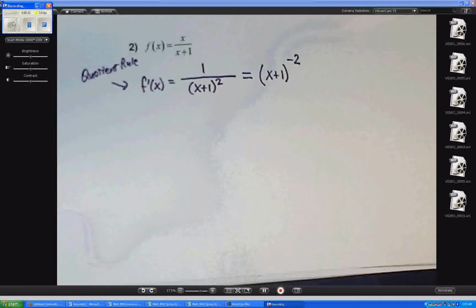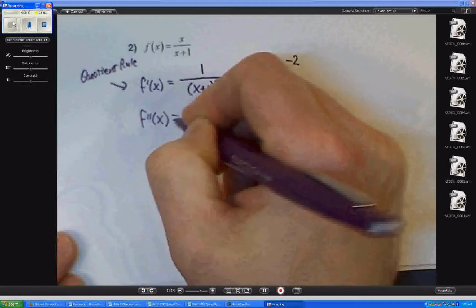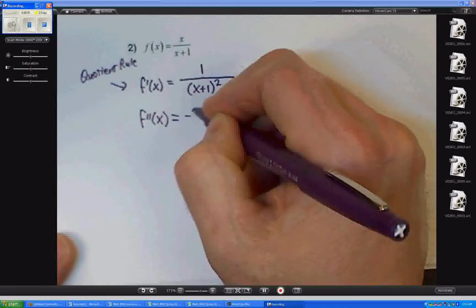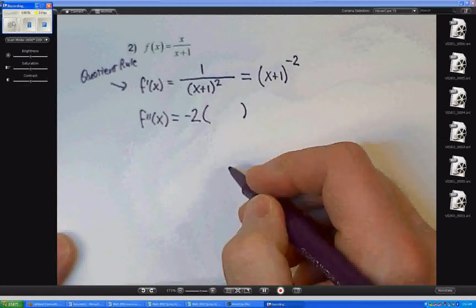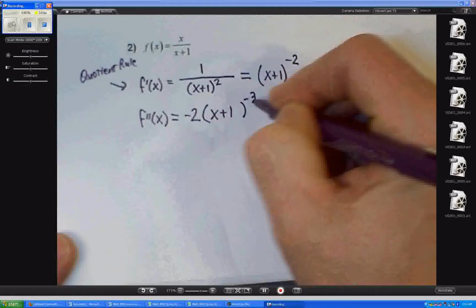Because now it's really easy to find the second derivative. If you do the quotient rule again, it gets a little nasty, then you have to cancel out some x plus 1. But if you do it this way, what do I get? It's just bing, bing, bong. Negative 2, there's my bing, and then what? To the negative 3, bing, and then bong. What's the bong?